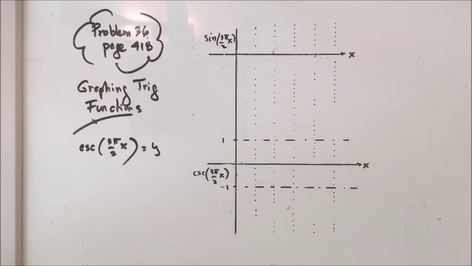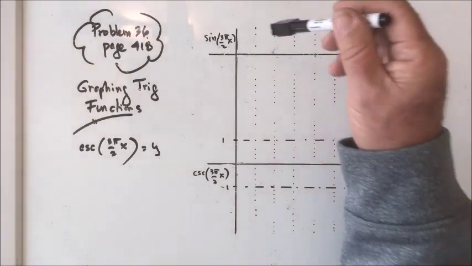The manner in which I'm doing it is recognizing that one period of the sine has a couple things going for it. It starts at 0, goes up to its maximum at pi over 2, goes back down to 0 at pi, and then down to its minimum of -1 at 3 pi over 2.